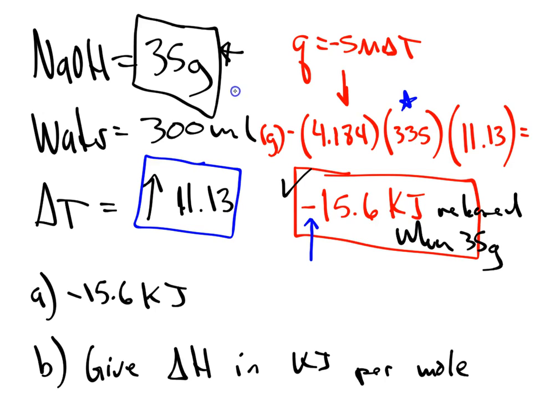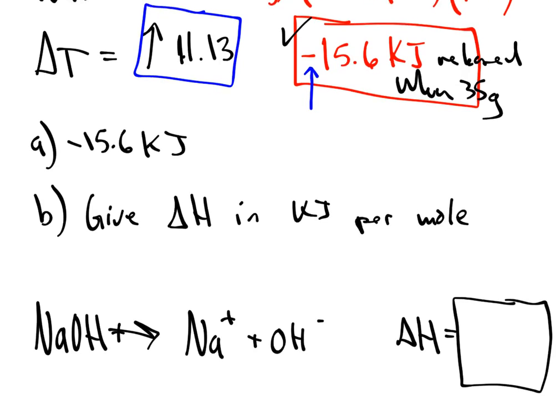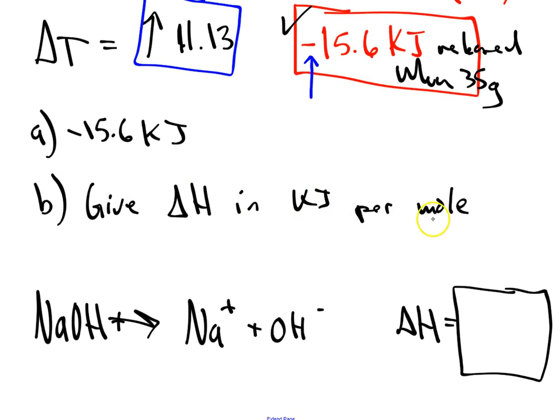Is that 1 mole? It's not, right? B says delta H in kilojoules per mole. So to solve that piece of the puzzle, you need to find out how many moles you have.